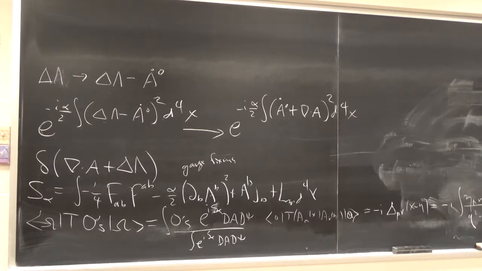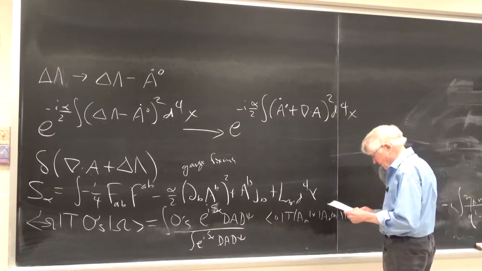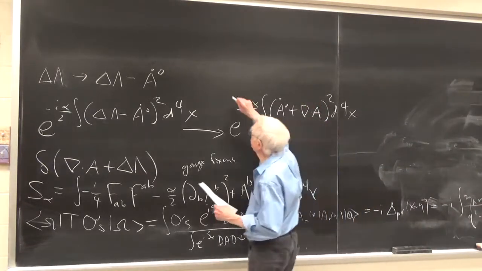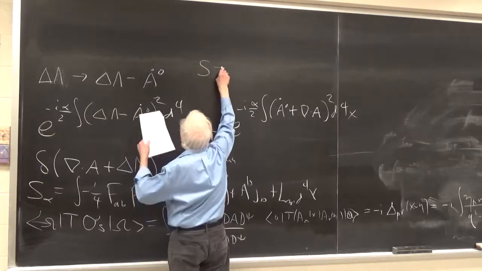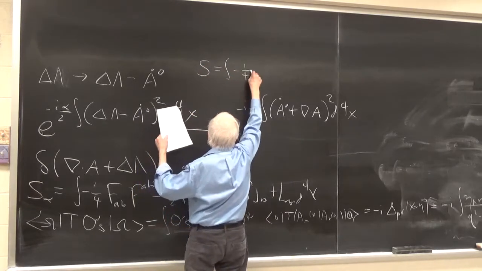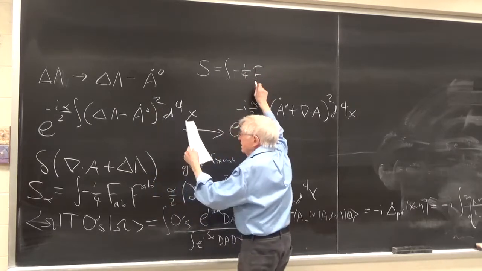And so what happens is, if we have a non-abelian theory, where, let me just write up here, the action is the integral of minus a quarter F.